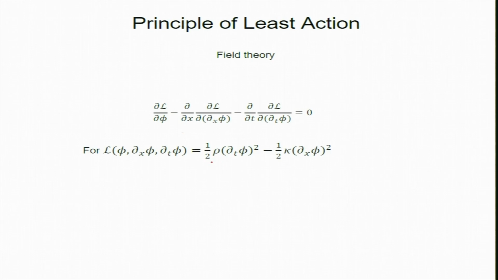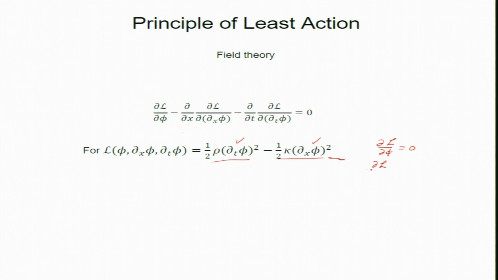My Lagrangian was a function of d phi dt and d phi dx squared. When I substitute, what is partial L partial phi? It is 0, because L is not a function of phi.